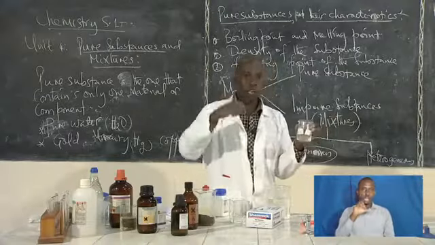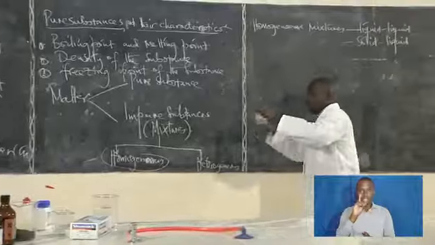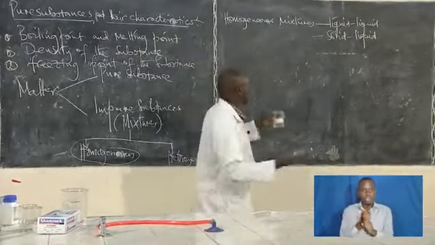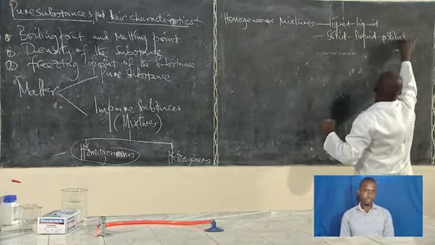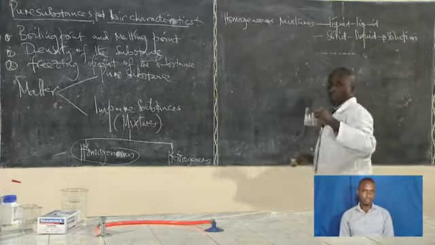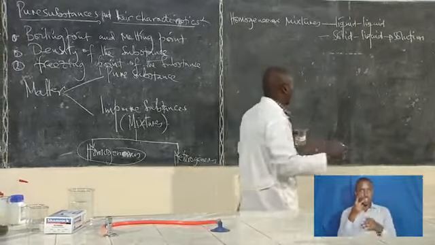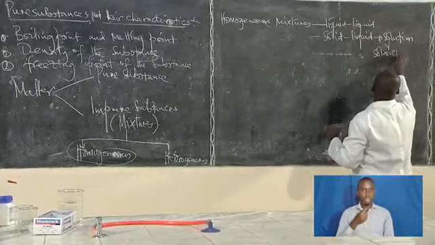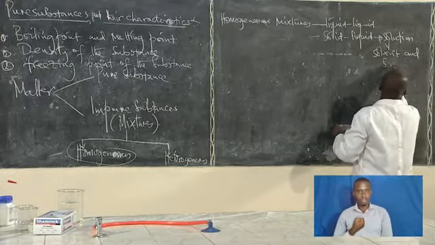So the solid which I've put in this liquid, after dissolving together, we make what we call a solution. So this makes a solution. And the solution is made up of two special components, where you have a solvent and then you have a solute.